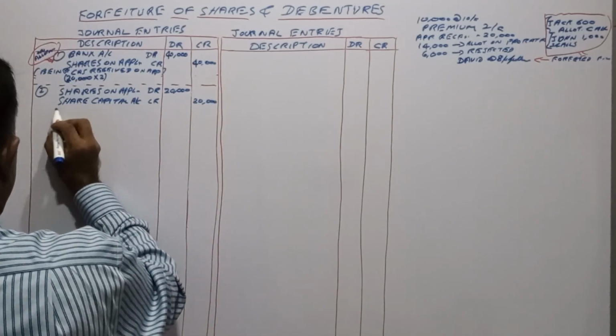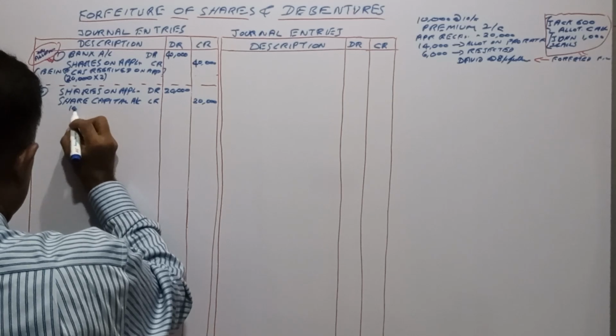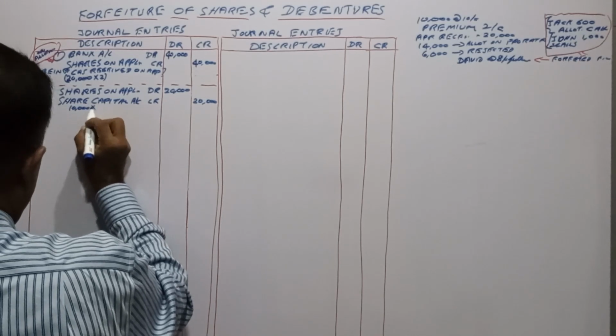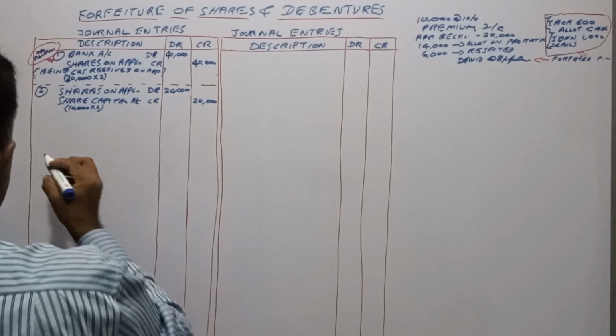That is 10,000 shares at the rate of 2, that is 20,000.